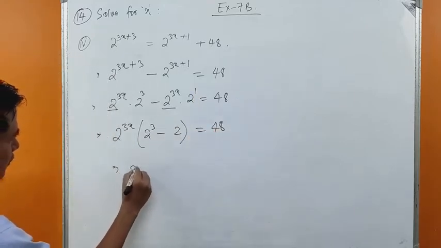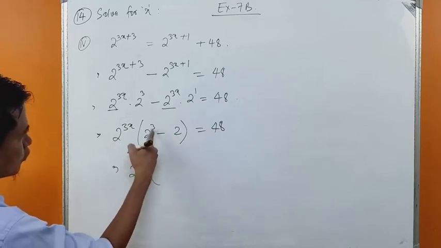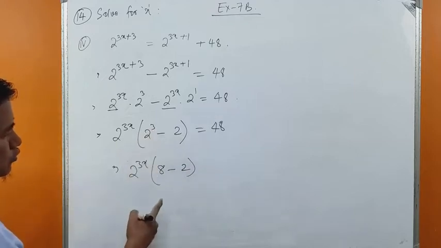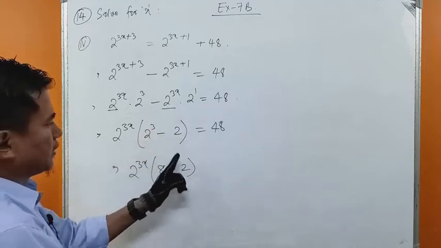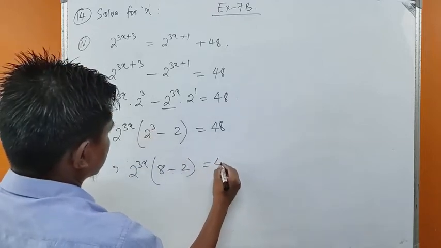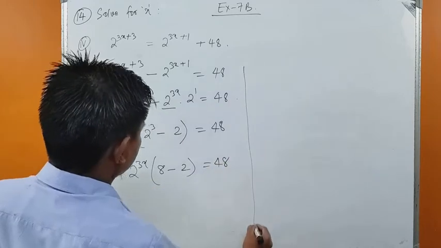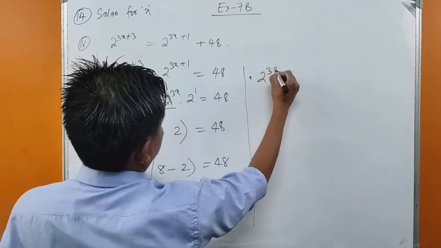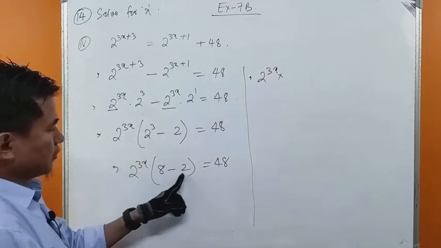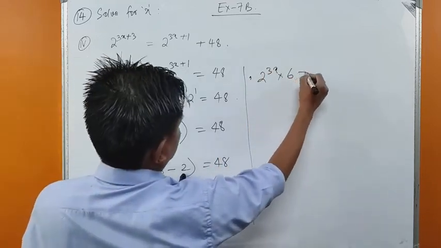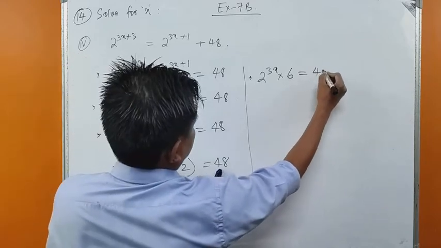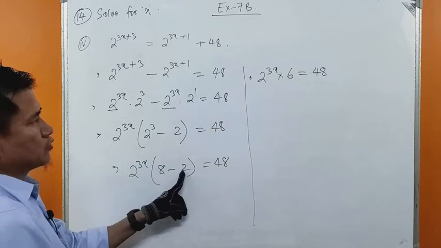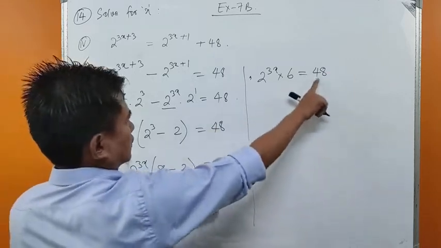Or 2 to the power 3x, 2 cubed means 2 into 2 into 2, that is 8, minus 2 equals to 48. 2 to the power 3x into 8 minus 2 is 6 equals to 48.